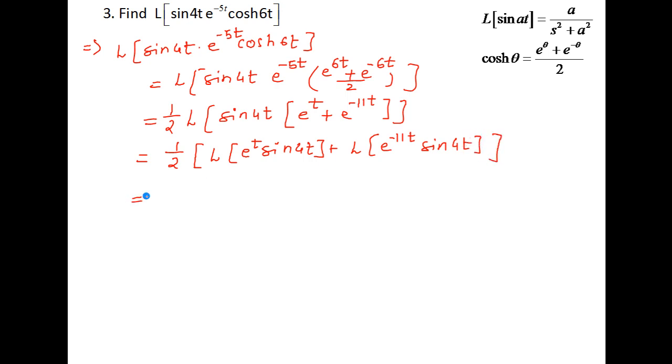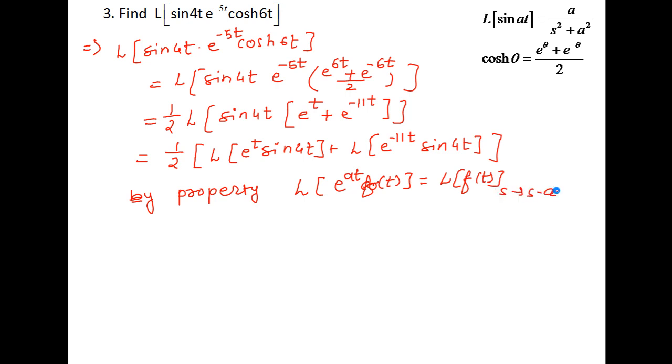And now by property, Laplace of e to the power at f of t, we can write Laplace of f of t, where s is replaced by s minus a.